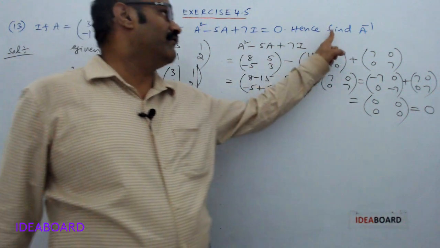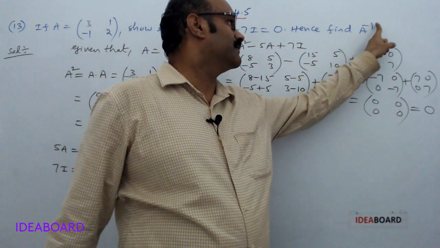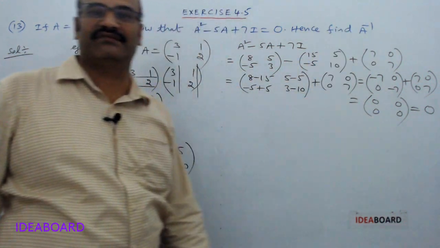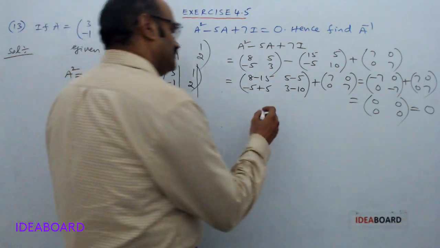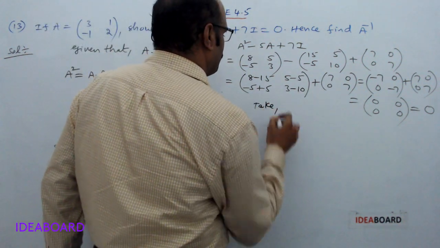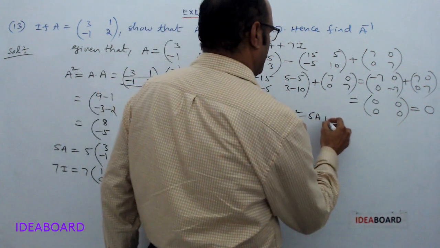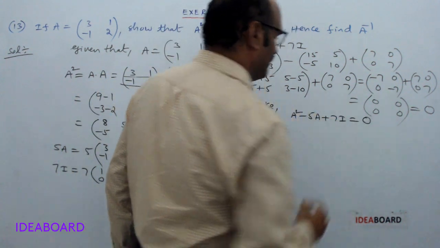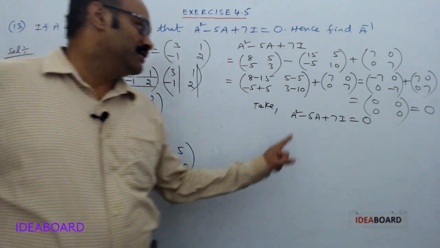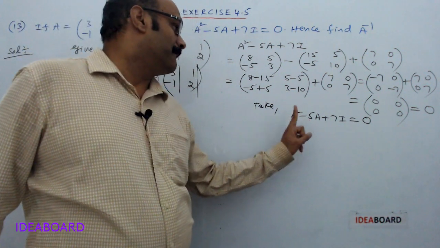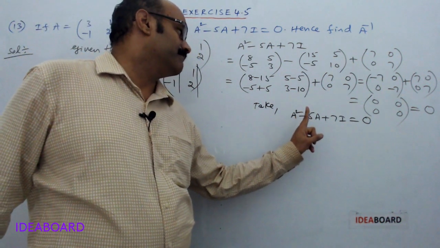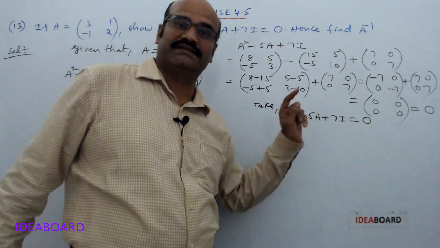Now we have to find the inverse of A. A inverse means inverse of A. Take A square minus 5A plus 7I equal to null matrix. Pre-multiplying throughout by A inverse.